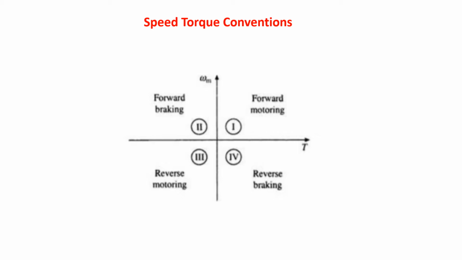That is, energy associated with dynamic torque J into d omega m by dt is stored in the form of kinetic energy during acceleration time. During deceleration, the dynamic torque, that is J into d omega m by dt, has a negative sign.